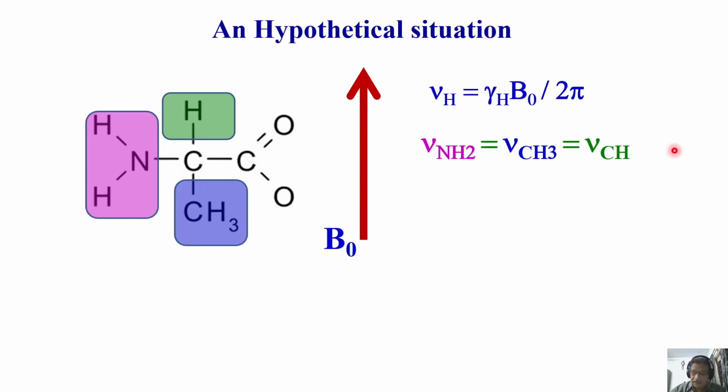Then what am I going to get? If I take the NMR spectrum, I must get a single peak for this molecule, a single resonance frequency for proton. I took the simple example of a small molecule, but you can take any molecule of your interest, even a very big protein molecule or any big biomolecule, it does not matter.